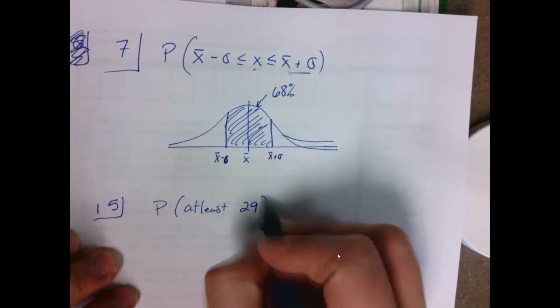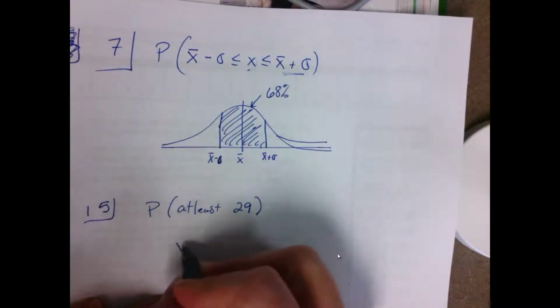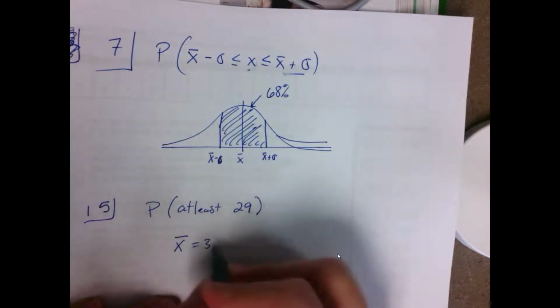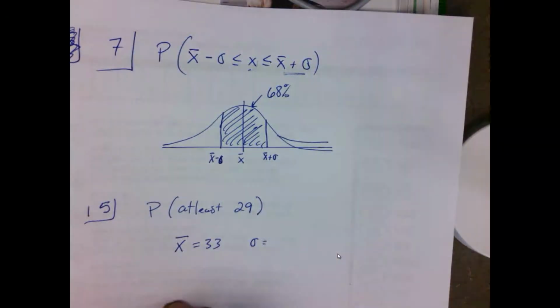Now, they gave us some data information in the problems above. So we really have to think about these data sets and this information. It says that the mean is 33, and they tell us that the standard deviation in this problem is 4.